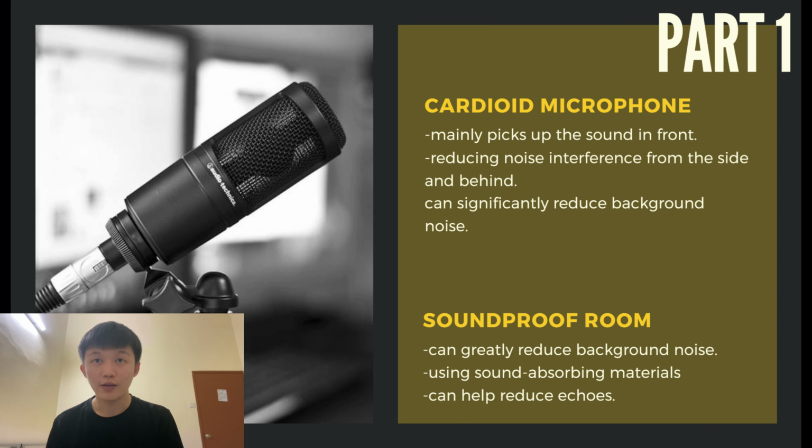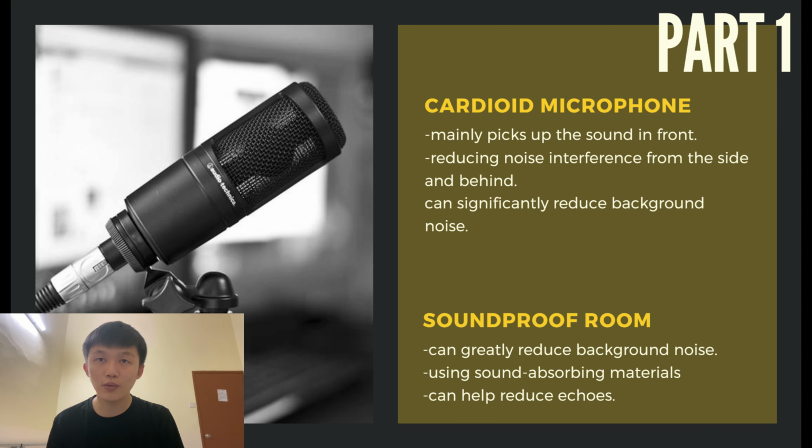So for part 1, the first approach is to choose the right microphone and optimize recording environments. A cardioid microphone is a very good choice. It mainly picks up the sound in front and reduces noise interference from the side and behind. This design can significantly reduce background noise.